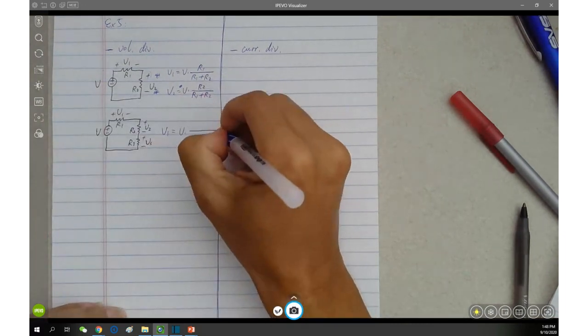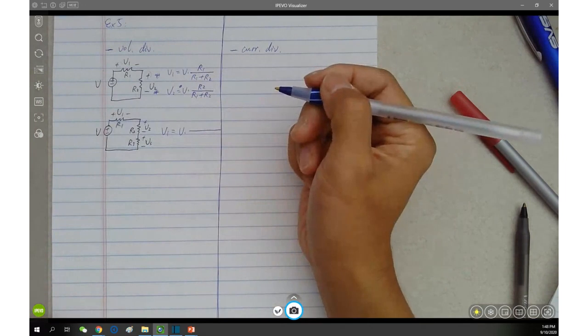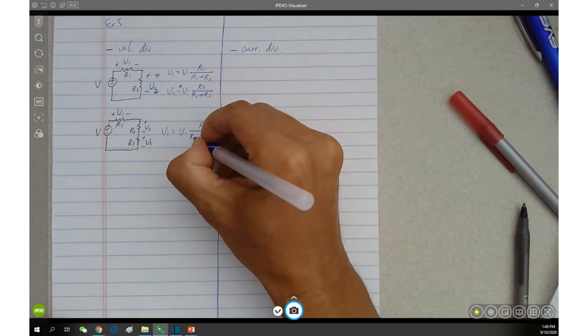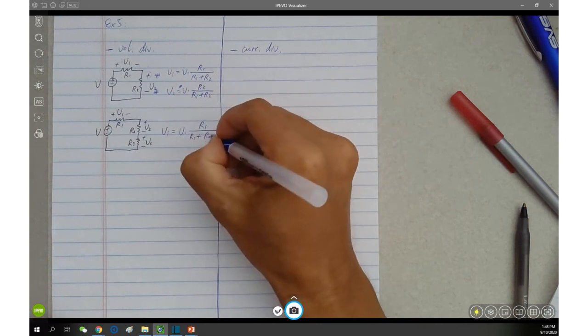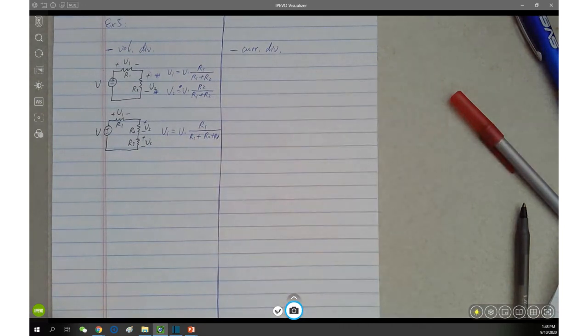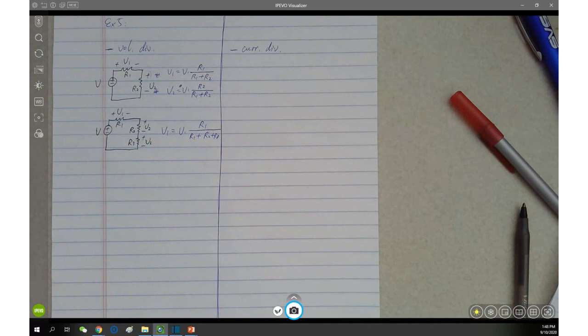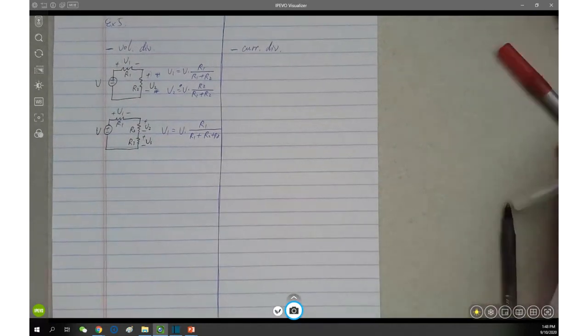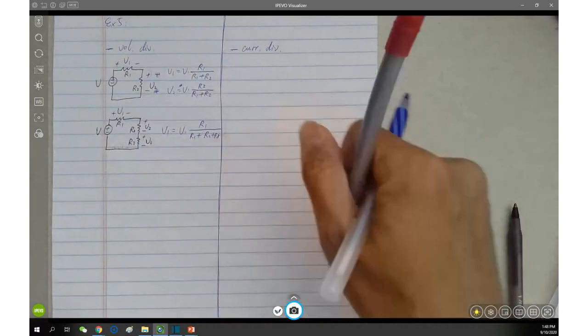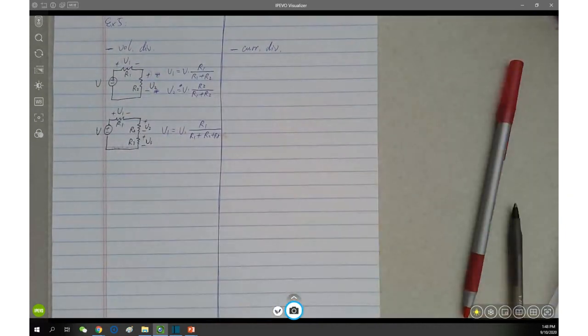V times, again, a resistor ratio. In the numerator remains R1 itself. Denominator is R1 plus R2 plus R3. V2, V3 follow the same idea, just vary the numerator. And of course, if you have R4 here, one more, you're going to add R4 correspondingly.